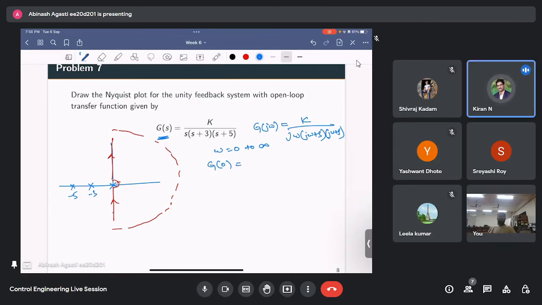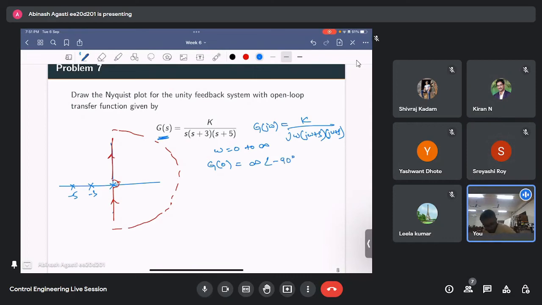When omega is 0, magnitude is infinity. At what angle? Minus 90 degree, correct.